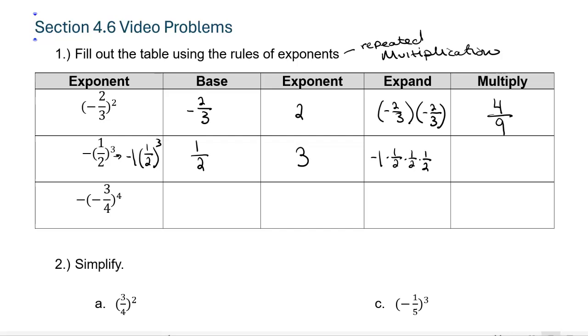All right. So here I have -1 times 1/2 times 1/2 times 1/2. This process, or the way that I'm going to write this first, you don't have to include, but I do encourage you to do it if you find that the bigger your exponents are, the easier it is to make mistakes, right?